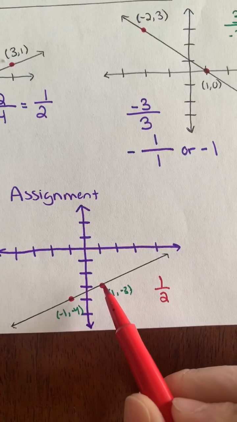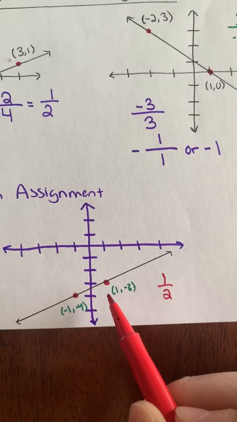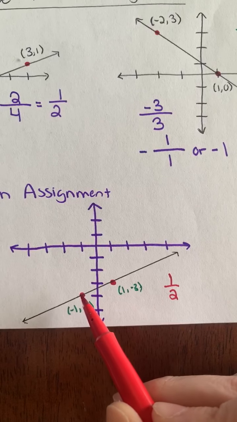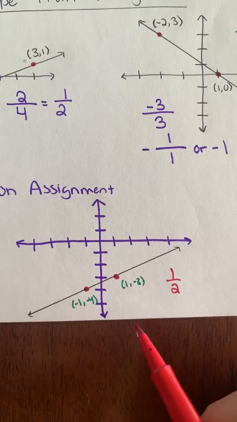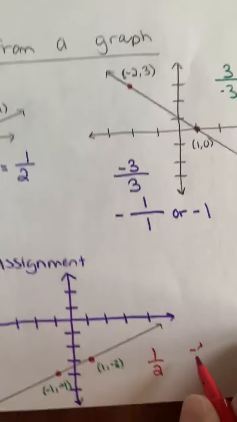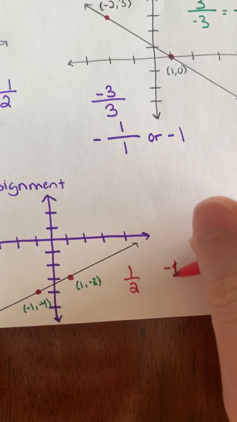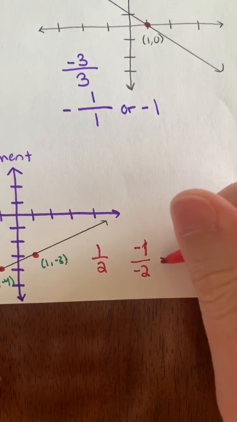And once again, if I had started here, that would have given me a negative 1 on the top in the numerator and a negative 2 on the bottom, because I would go left 2, and negative 1 over negative 2. Oh, that's another thing I didn't show you. Negative 1 over negative 2, sorry guys. A negative over a negative is going to turn to a positive.